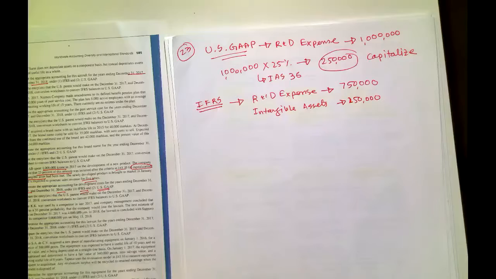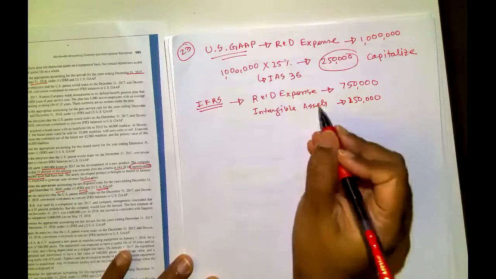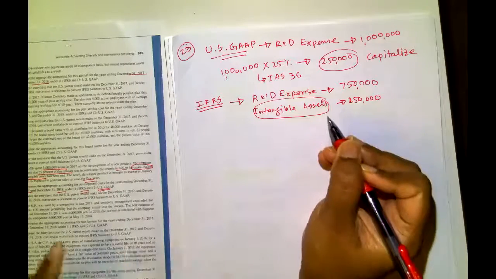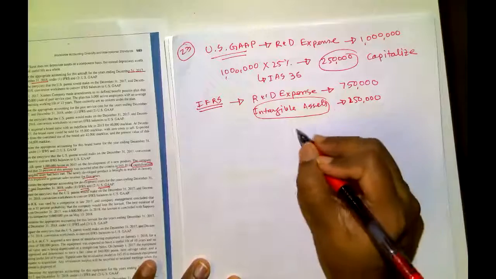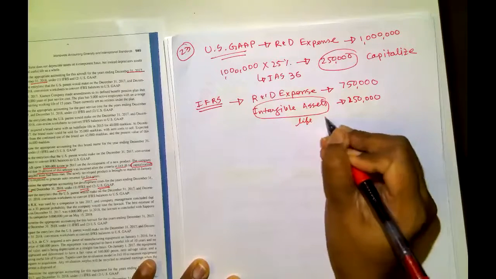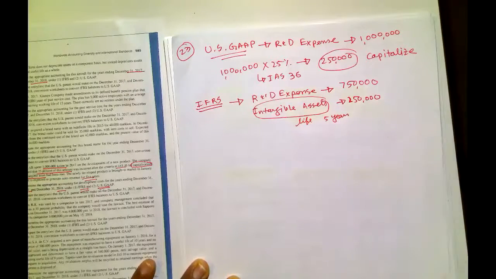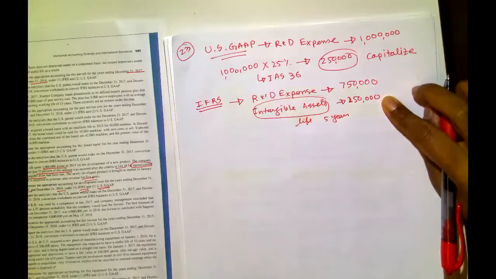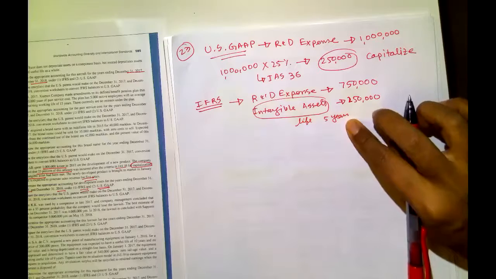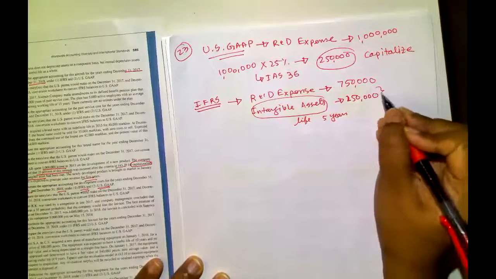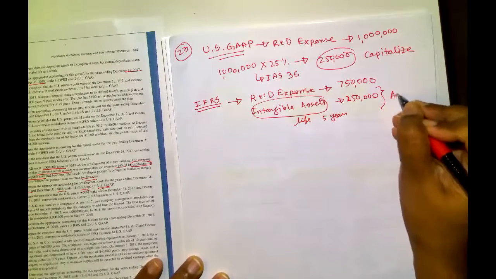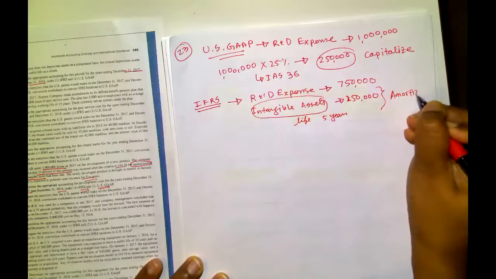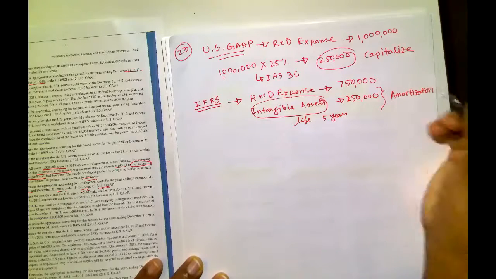Now, for the intangible asset you are capitalizing, the information says that you have a life of 5 years. So if you know the value of an asset, no matter intangible or tangible, and you know the life, you divide by 5 to get amortization or depreciation.